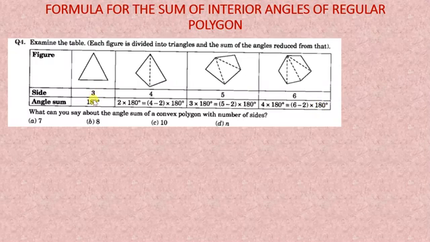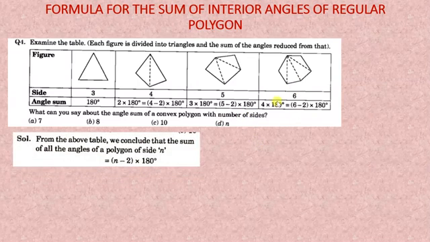If we observe all these sums, we see that the variation is only at this point. Here we have 4, here we have 5, here we have 6. The remaining terms are the same. So 4 shows its number of sides. Similarly, 5 shows its number of sides, and 6 shows the number of sides in the last figure. So if a polygon has n sides, then the sum of its interior angles will be (n minus 2) multiplied by 180 degree.